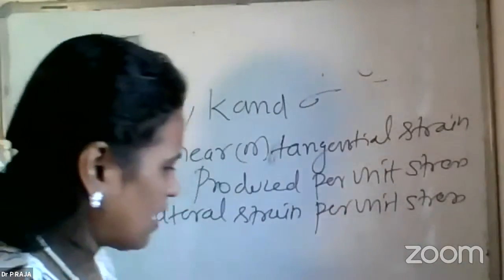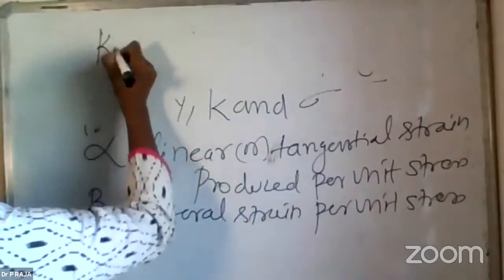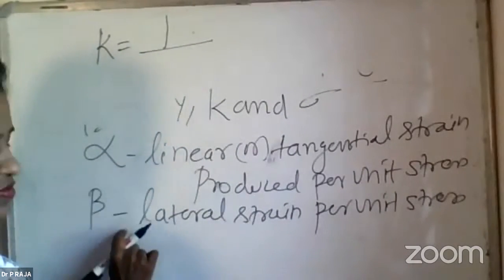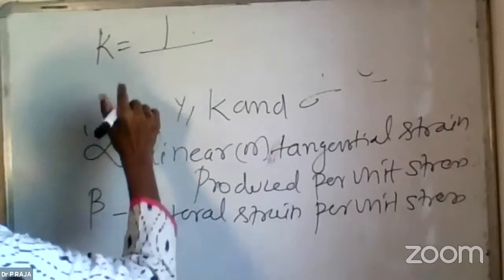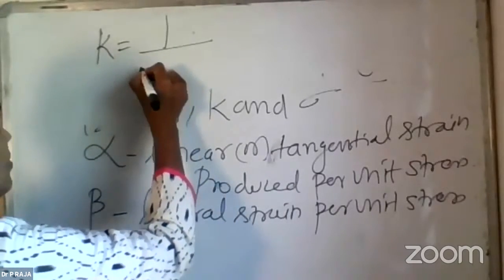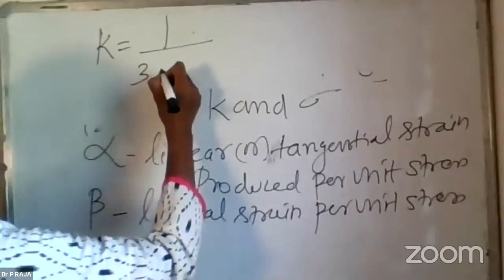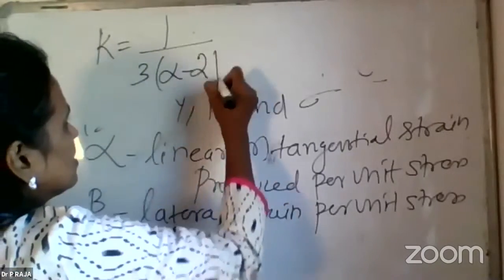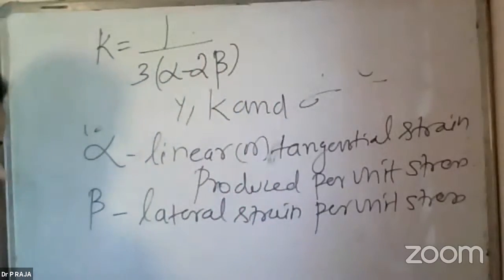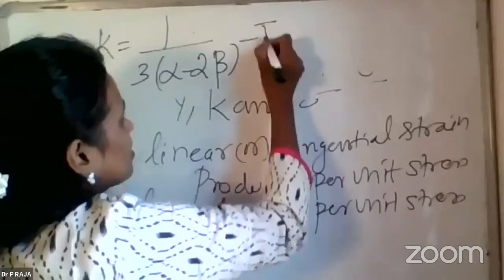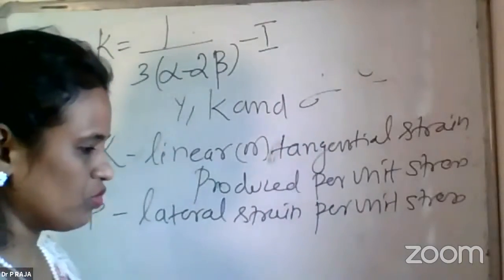I'm giving the equation with respect to alpha and beta, not the final equation. With respect to the linear strain and the lateral strain, it is K equals 1 by 3 into alpha minus 2 beta. Let's take this as equation number 1. This is there in your book also.